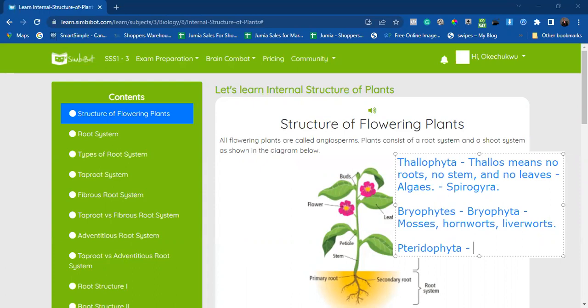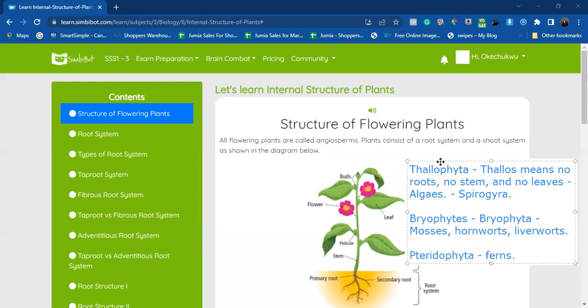They lack roots also, or specialized structures. An example of this is ferns. All of these three divisions that I've mentioned right now are what we call non-flowering plants.